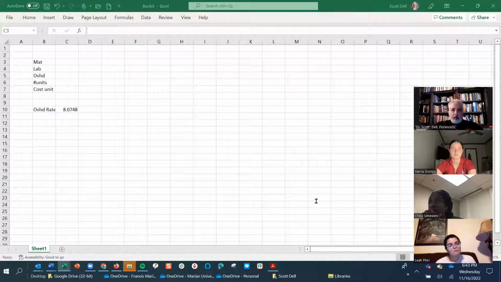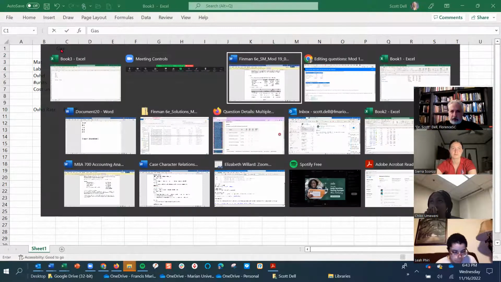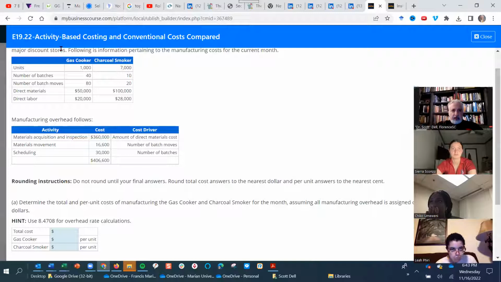Okay, so if we're looking to analyze, we figured out the number of units. For the gas cooker, 1,000 units.